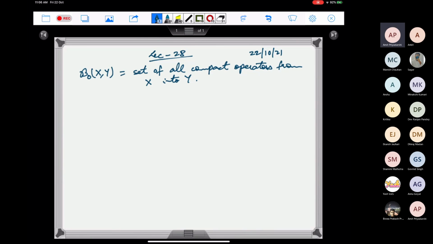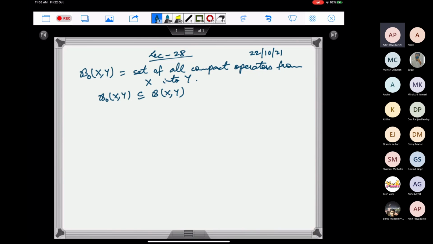So we know that this B0(X,Y) is a subset of B(X,Y). So any compact operator is a bounded linear operator. We can easily see that this is also a subspace of B(X,Y).